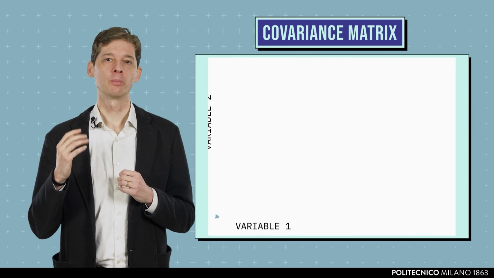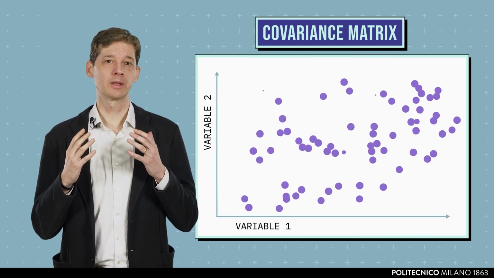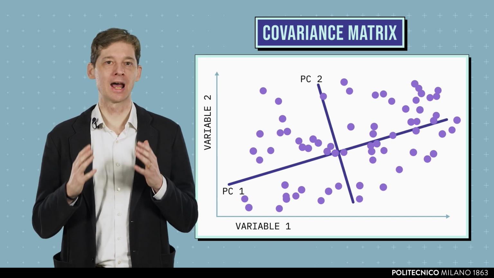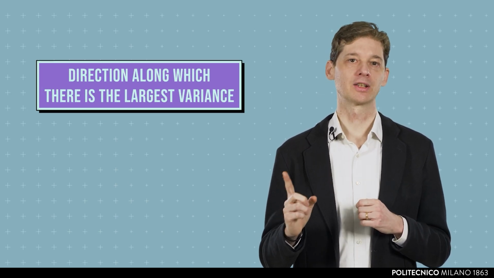So, how does PCA find these lines onto which to project the data? This is obtained by computing the covariance matrix of our dataset. Then, to know which is the most important direction, PCA considers the eigenvector associated with the largest eigenvalue. This is the first principal component, that is, the direction along which there is the largest variance.